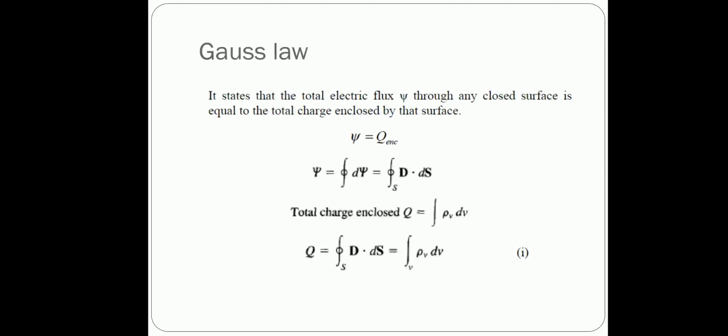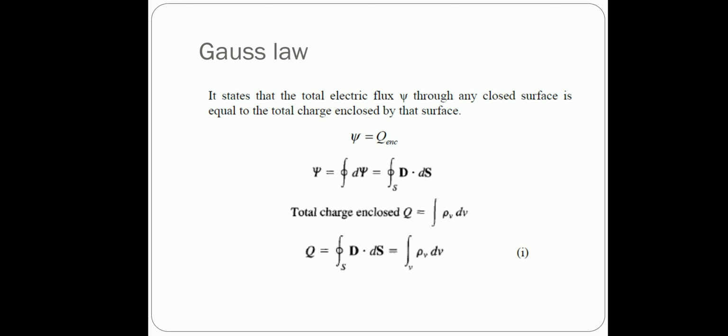Next is Gauss law. So what does Gauss law mean? It states that the total electric flux psi through any closed surface is equal to the total charge enclosed by that surface. So according to Gauss law, the total electric flux over any closed surface is equal to the total charge enclosed by that surface.